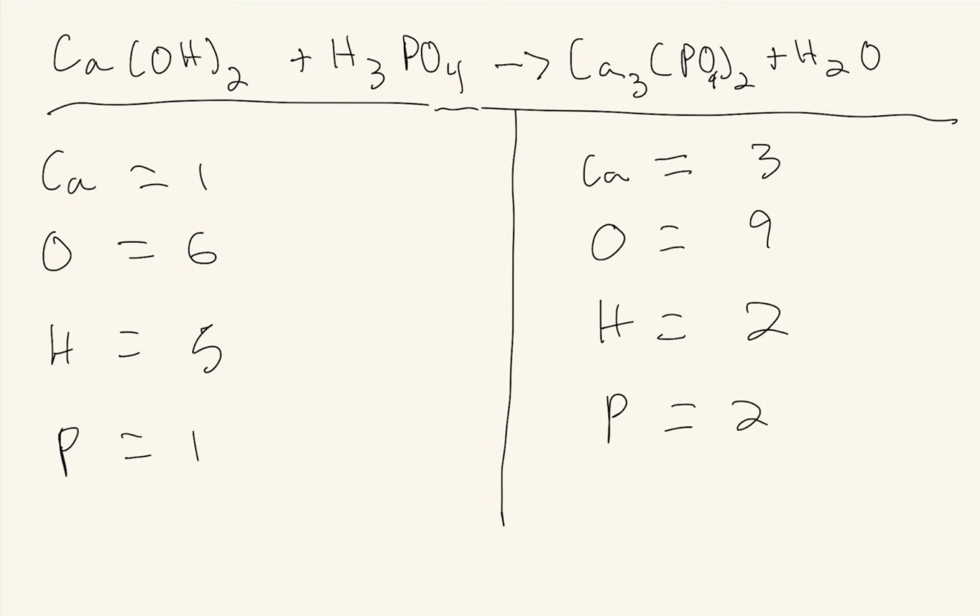On the right side, we immediately see we have 3. So on the left side, we have to multiply this by 3. To do this, we've got to put a 3 right here, so this will give us 3. That also affects the oxygens, which will be multiplied by 3, giving us 6 oxygens right here, and that doesn't affect those oxygens though.